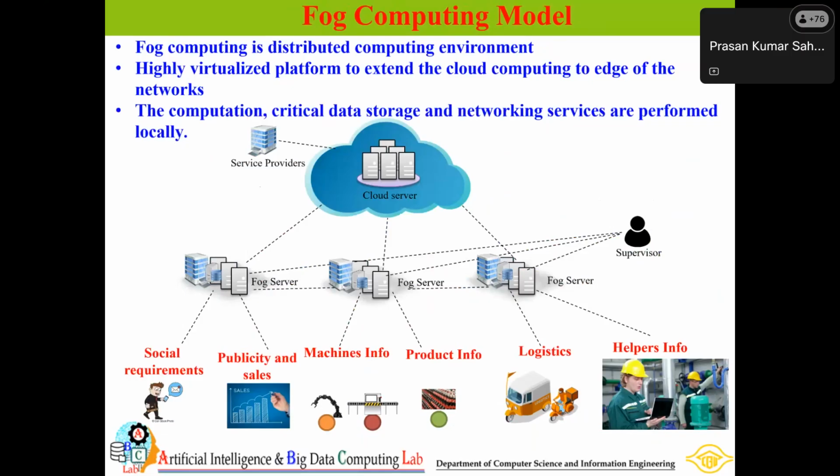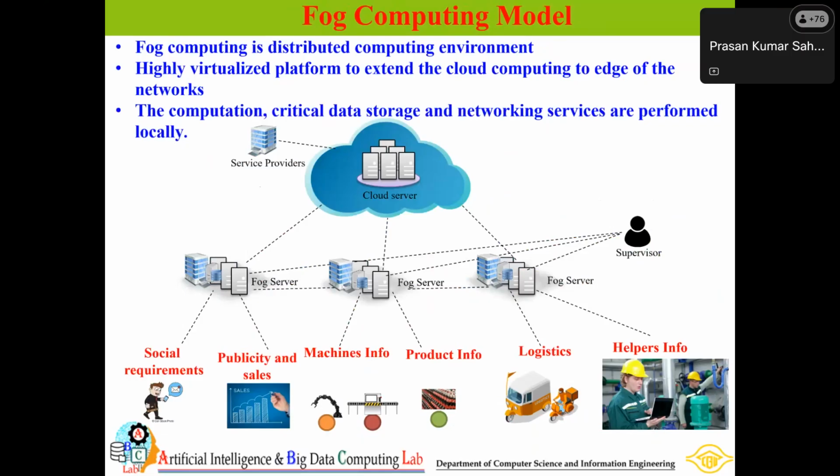So the IoT devices can also be considered edge devices. When they collect data, instead of transmitting directly to the cloud computing platform, they can transmit data to the fog computing environment.